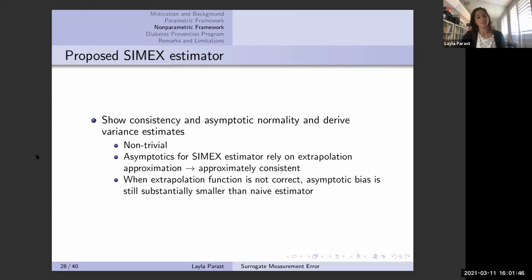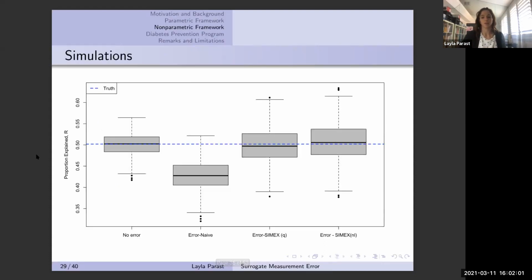And all the same points as in the parametric framework: we showed consistency and asymptotic normality and derived variance estimates for the non-parametric versions of this estimator.